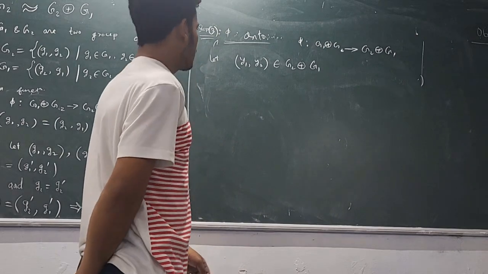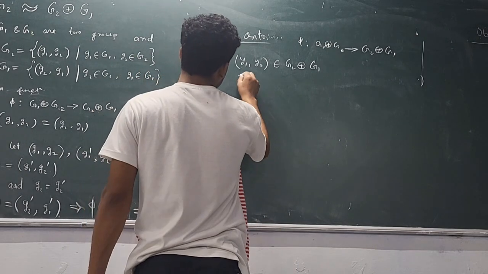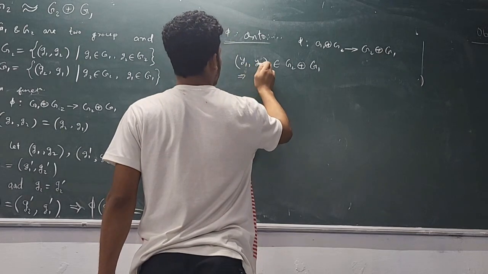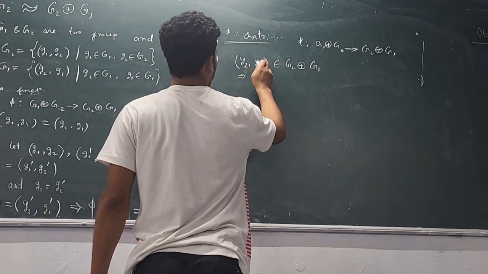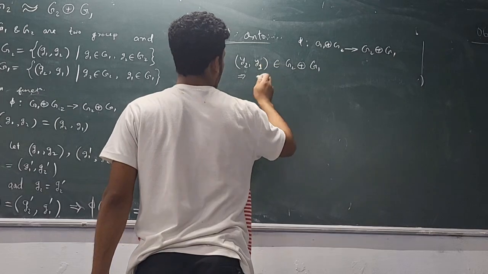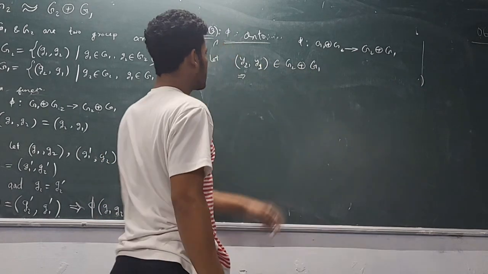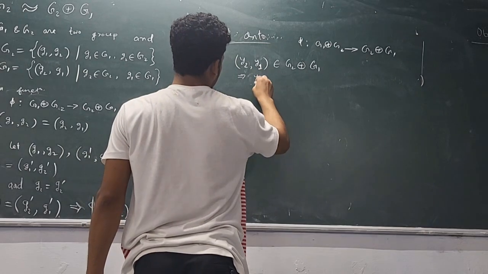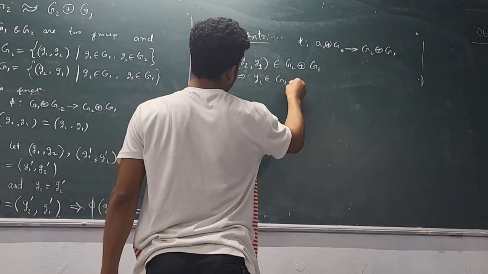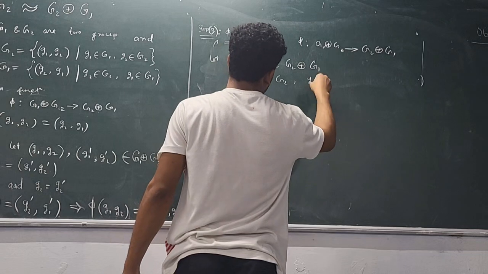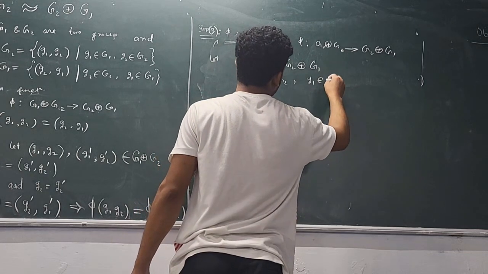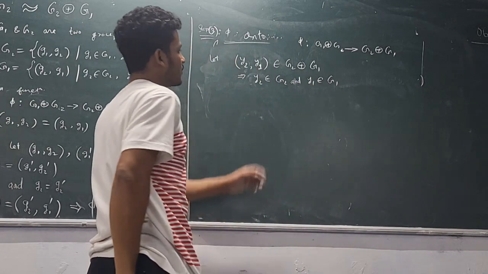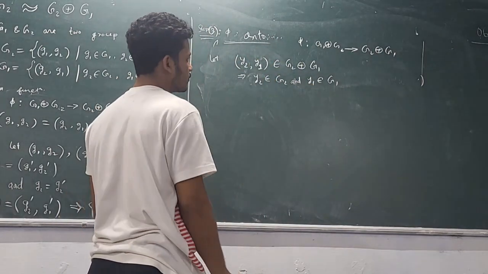This implies we take (y2, y1), because it is an element in G2 external direct product G1. So y2 belongs to G2, y1 belongs to G1.